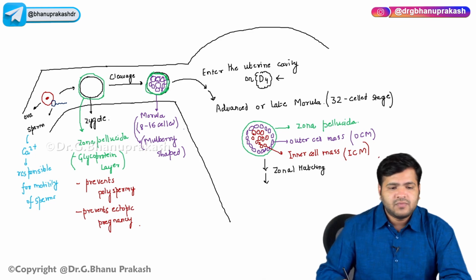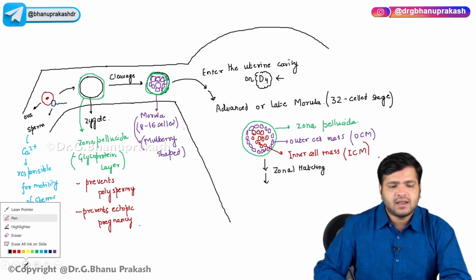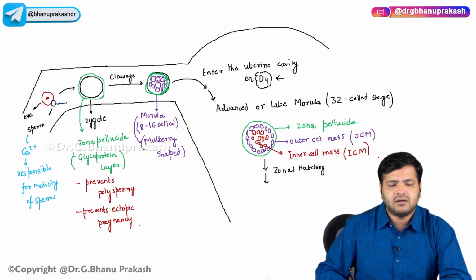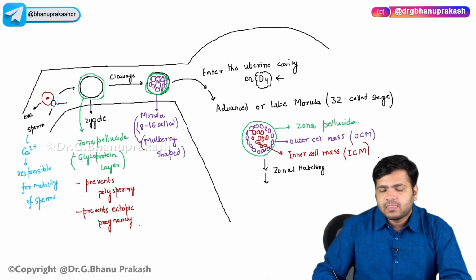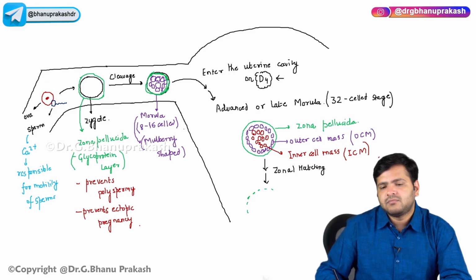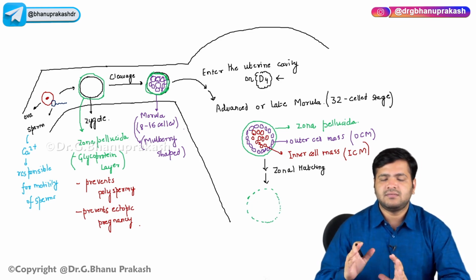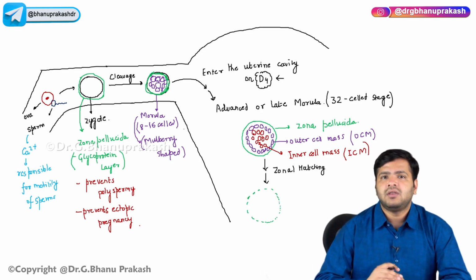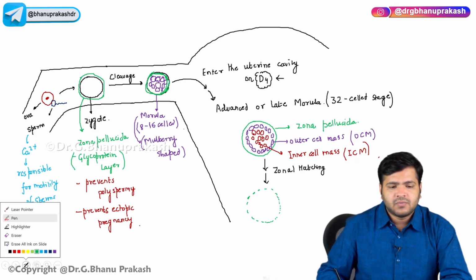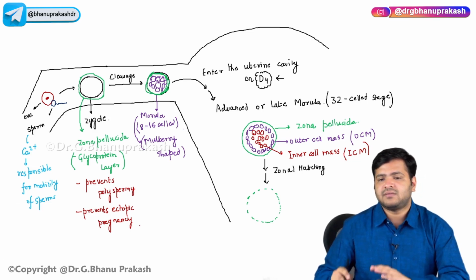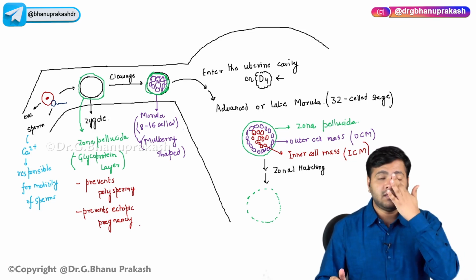The zona pellucida will break down, and I will show you the fragments of the zona pellucida. It will be broken like this, dissolving, disintegrating. Everything is now going inside the uterus.